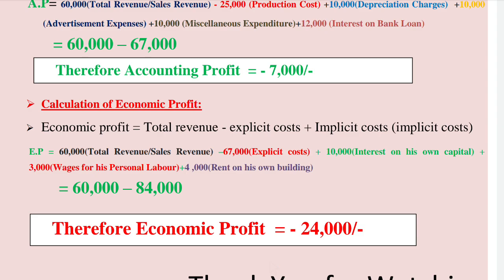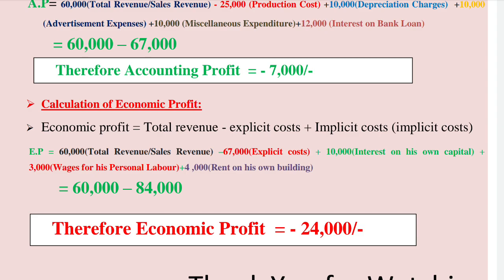If rupees 15,000 is paid as salary of the entrepreneur, 3,000 as rent of the land, and 4,000 as interest on capital, then there will not be any profit.